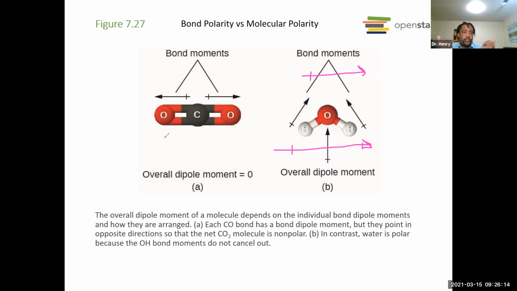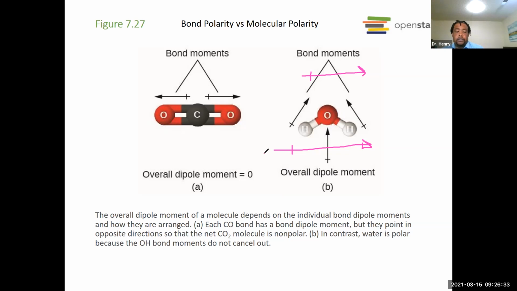It's kind of like having twins of exactly the same strength and height pulling on you on both sides. If you're in a moving chair, you're not going to be pulled one way or the other. Make sense? So it's equalizing. They balance each other out, so you're going to have an overall 0 dipole moment.